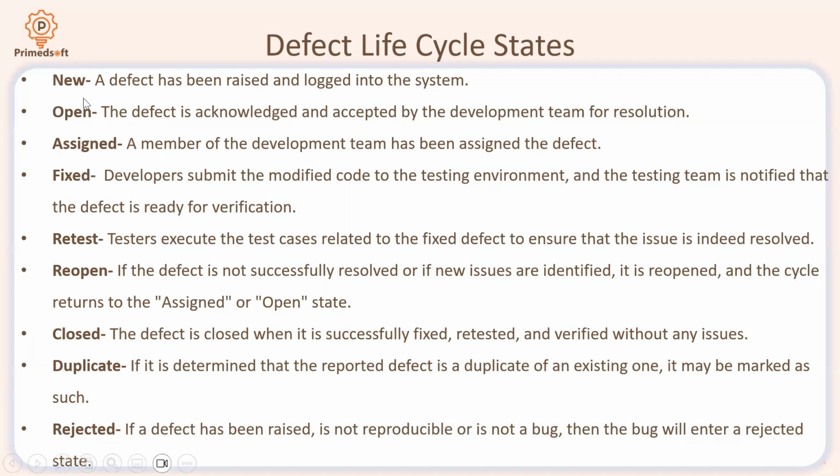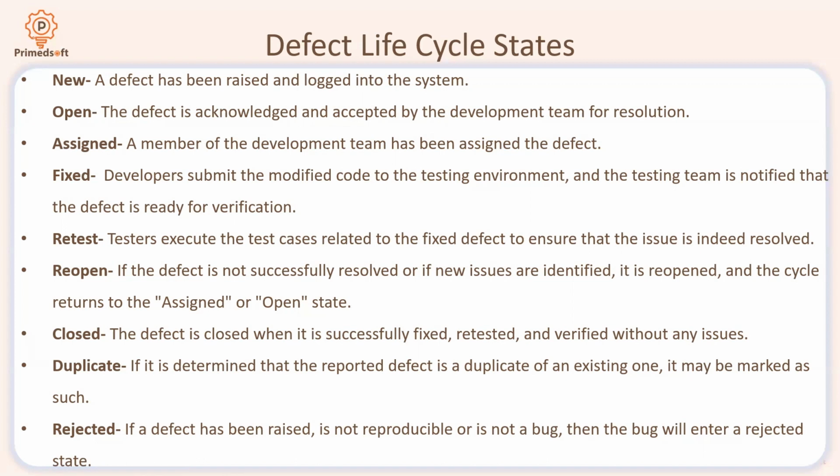For the new state, a defect has been raised and logged. When you are testing a web application and you've seen a bug and you've raised it, including all the six bug components that were stated, it assumes the status of new, because it's just a new bug that you've raised.